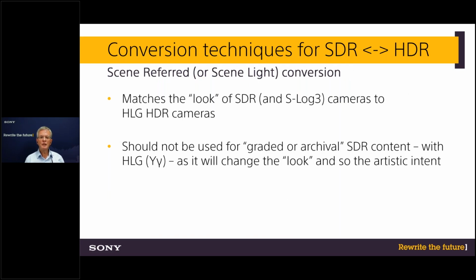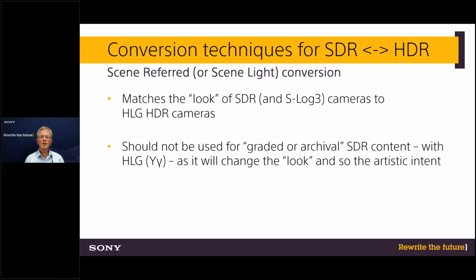The second option is a scene referred or a scene light conversion. This is good for matching the look of SDR and S-log3 cameras to HLG high dynamic range cameras.